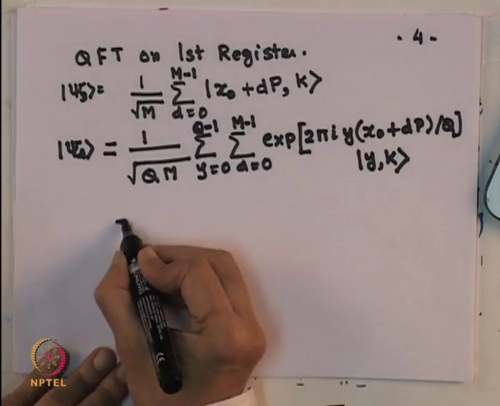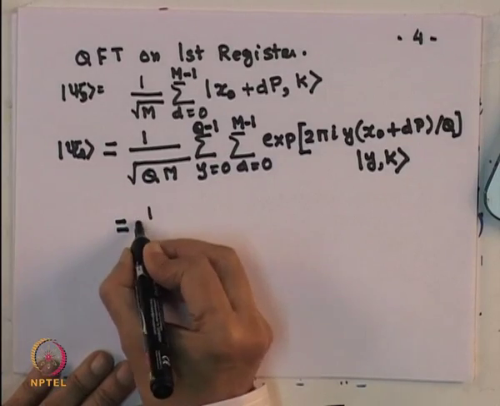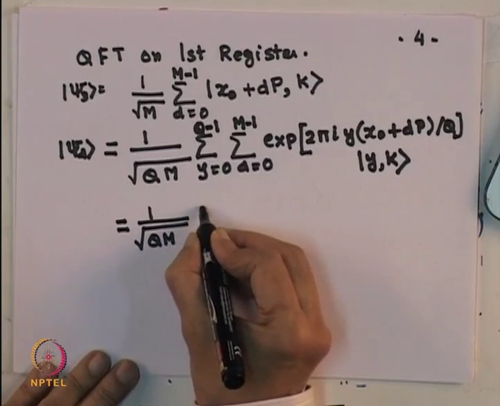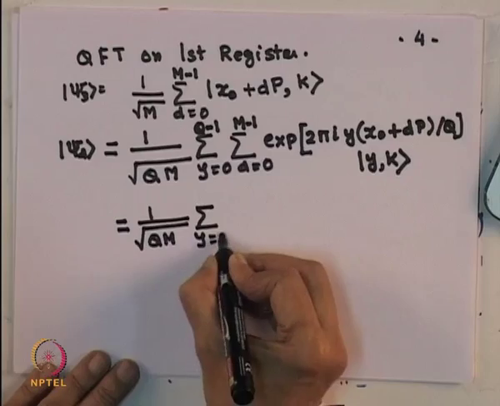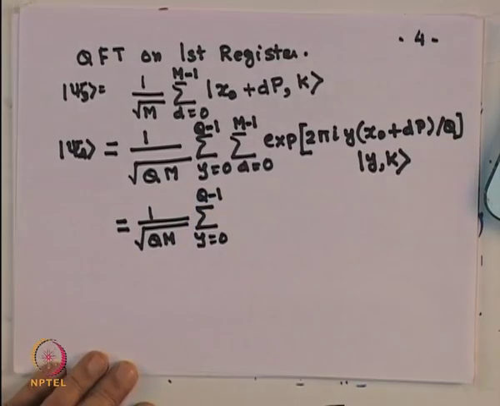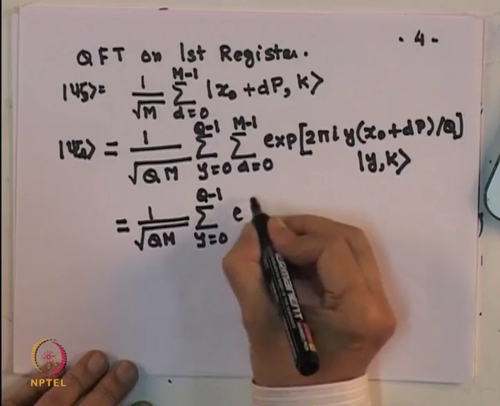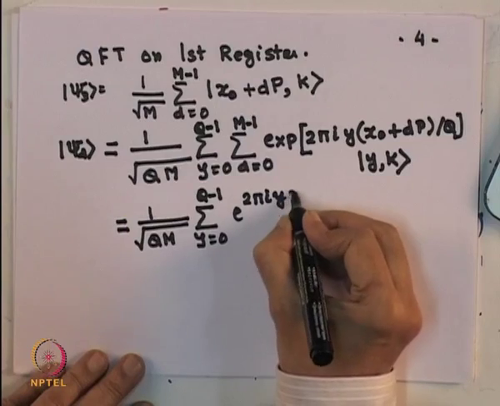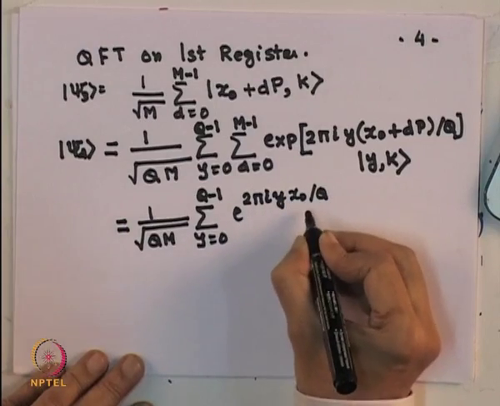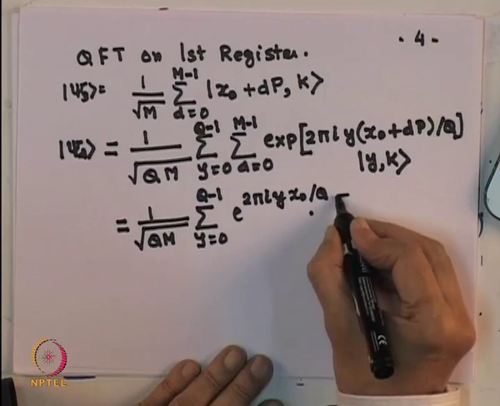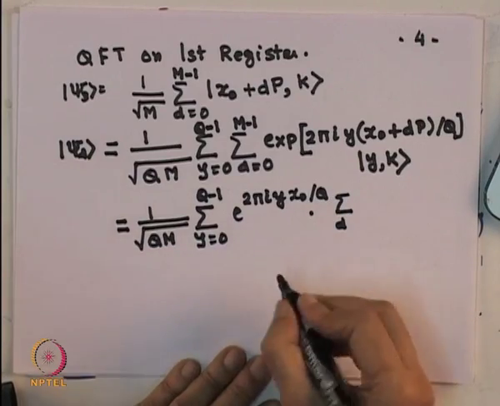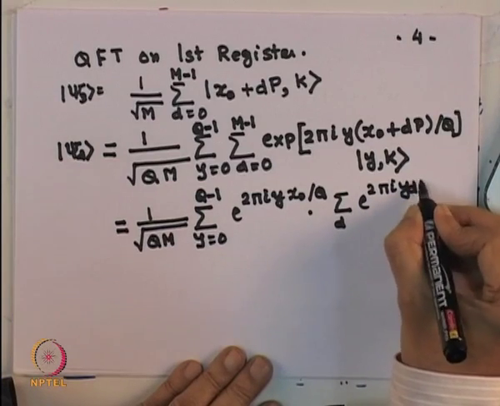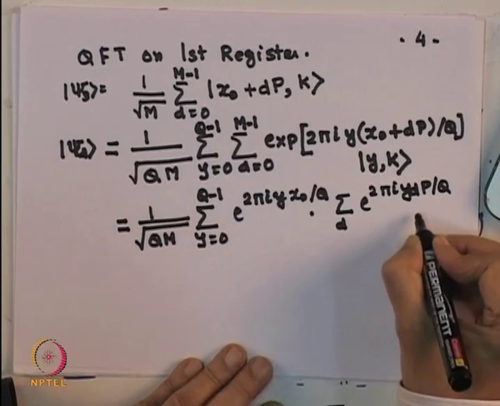Now let us write it in a particular way. So this is equal to 1 over square root of q times m, sum over y equal to 0 to q minus 1, e to the power 2 pi i y x0 by q, multiplied with sum over d, because d is only appearing in the second term, e to the power 2 pi i y dp by q, and then of course yk.